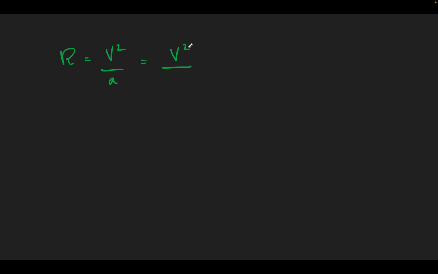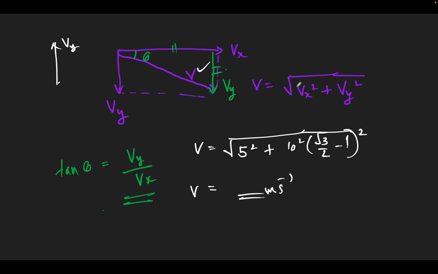So R is equal to V square by g cos theta, which is the square root of Vx square plus Vy square divided by 10 into, what is cos theta?